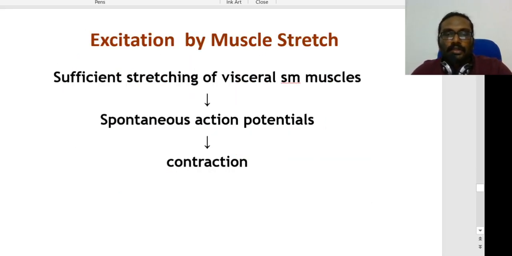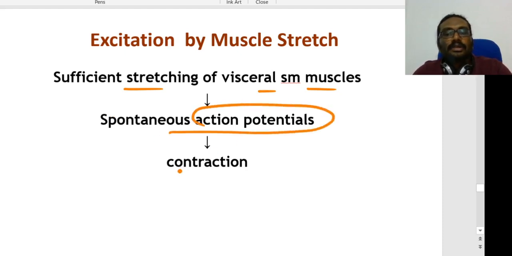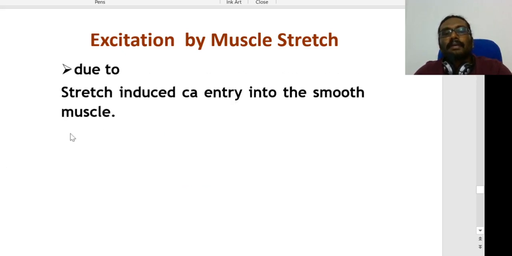Yes. Coming to the stretch activation, stretch induced contraction of smooth muscles. How does it happen? Why does this happen? That's the next point we are discussing. Sufficient stretching of the smooth muscles can cause a spontaneous action potential to develop, and that can cause contraction of the smooth muscle. Why does this happen?